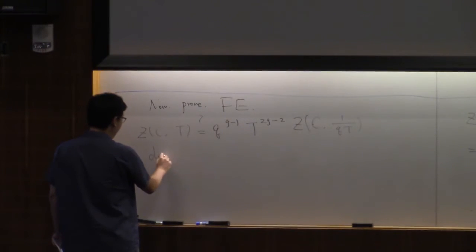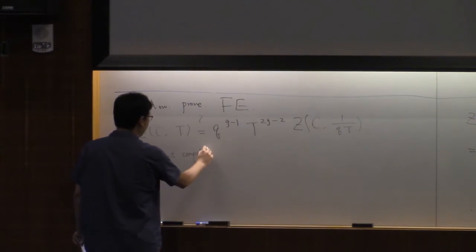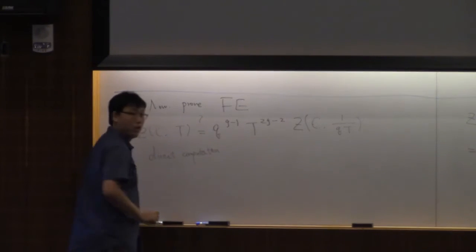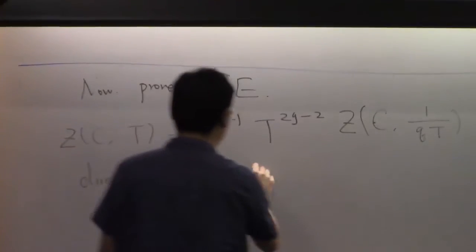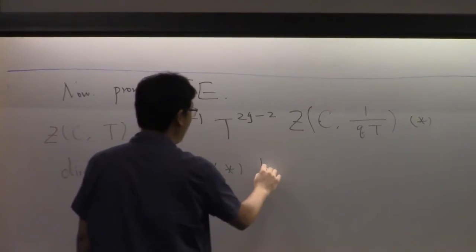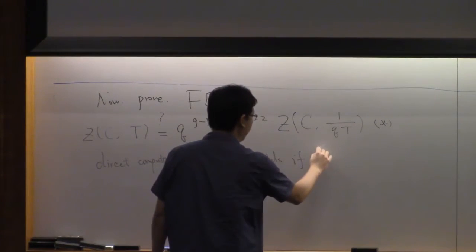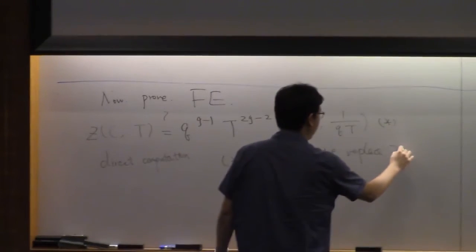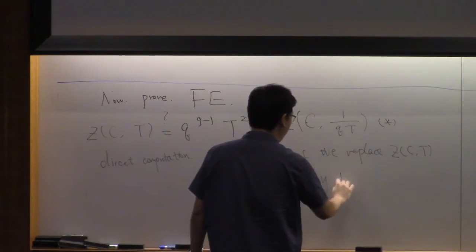First, by a direct computation, I call this star, you can show that the star holds if you replace the zeta function by the rational function B(T).